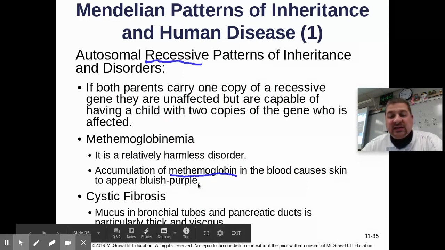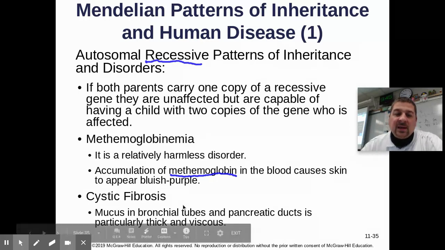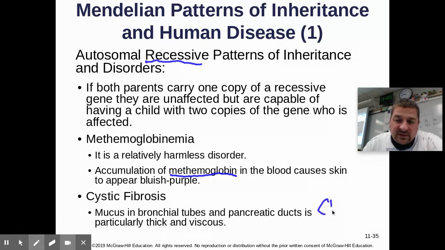Cystic fibrosis is one of the most common autosomal recessive patterns in Caucasians. They say about 1 in 20 Caucasians are carriers, and it's about 1 in every 20,000 births. And it comes from the defective CFTR gene, which does not let chloride ions through; these chloride ion channels do not work properly.